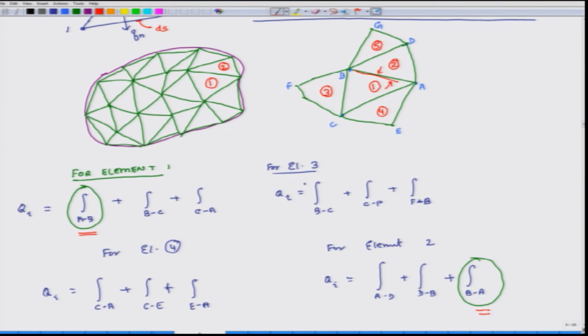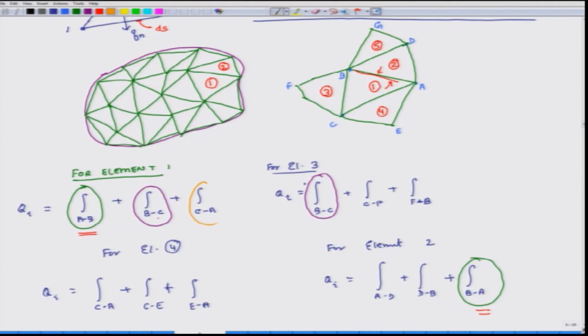Similarly, the terms corresponding to B to C, so B to C is the interface of element 1 and 3. So, this term will cancel with this term, okay. And C to A, C to A is the common boundary between 1 and 4.